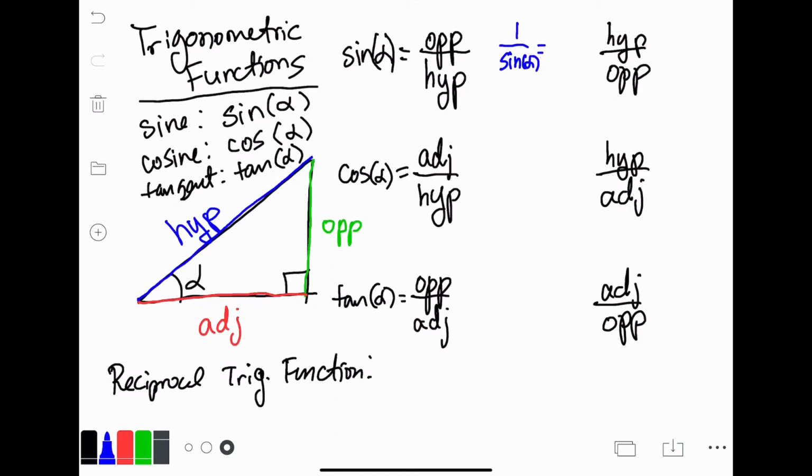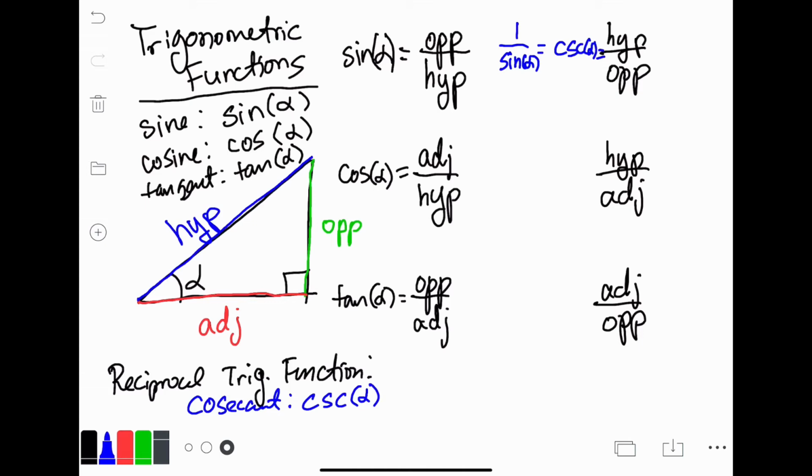This here is equal to now the hypotenuse over the opposite side. However, this does have a trig function that is reserved for it. And the reciprocal of sine is called cosecant, which you write as CSC of alpha. So cosecant of alpha is equal to the hypotenuse over the opposite. Notice it is just the reciprocal of sine of that angle.